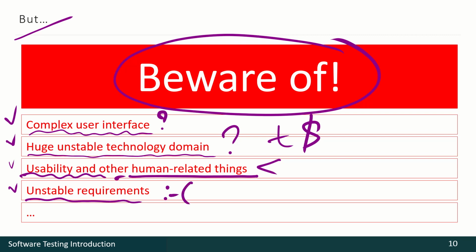Because imagine that we've created a lot of tests and then the requirements somehow change, and we have to rewrite those tests. And there may be other enemies of test automation, so we should be aware of all those ideas. Nevertheless, automation is good and it becomes more and more popular.